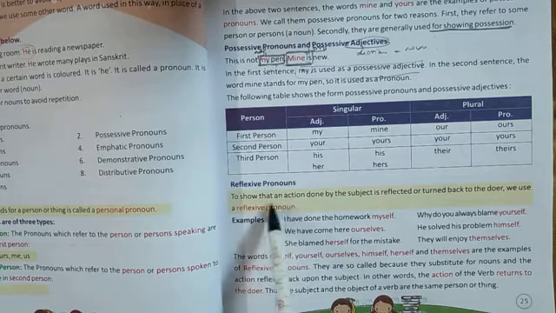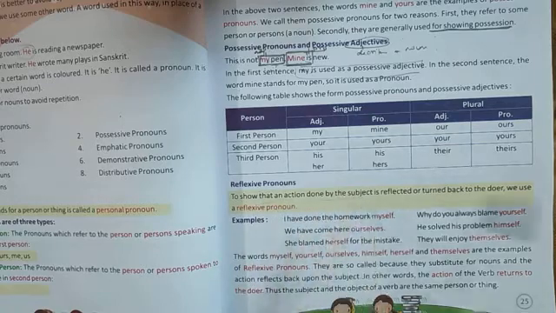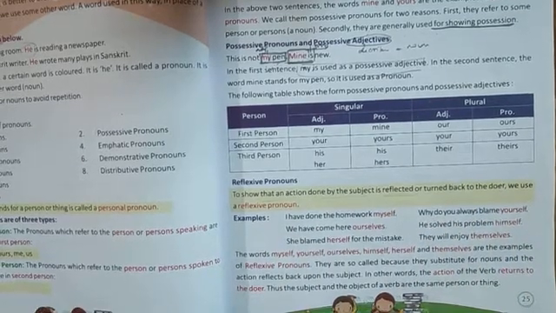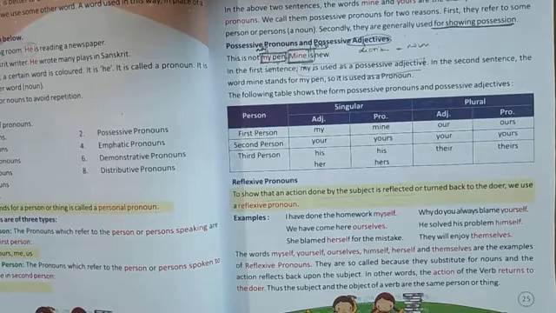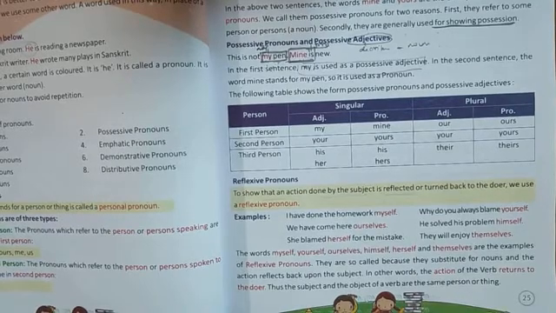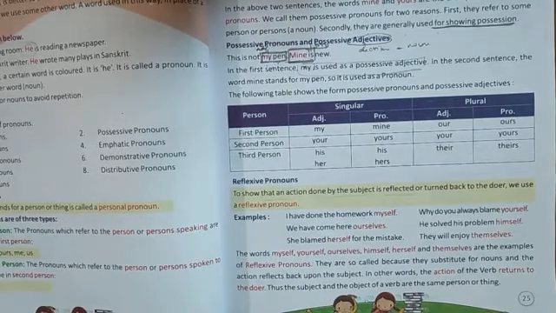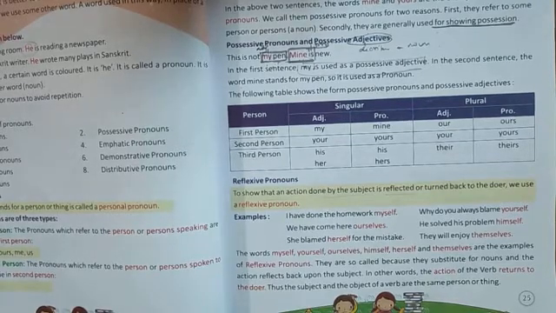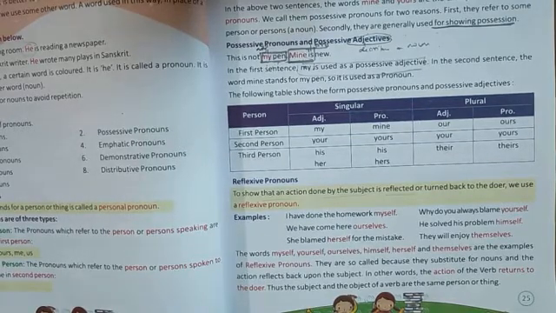To show that an action done by the subject is reflected or turned back to the doer, we use a reflexive pronoun. It is used to say that work done by the subject is reflecting back upon the subject itself.